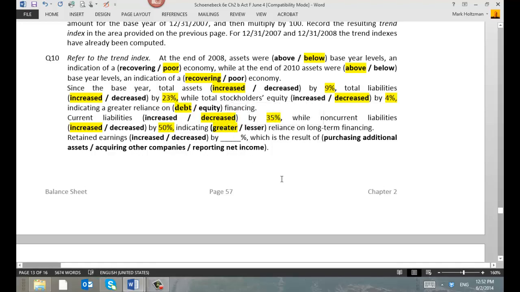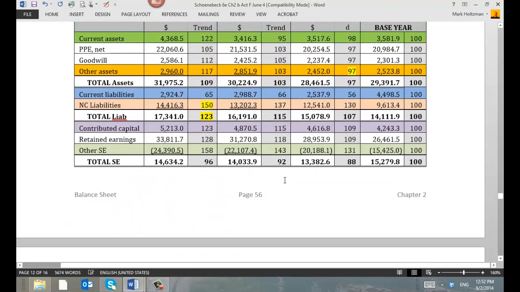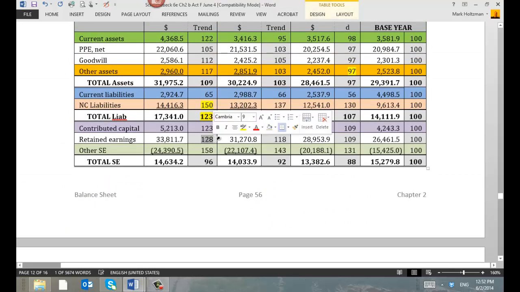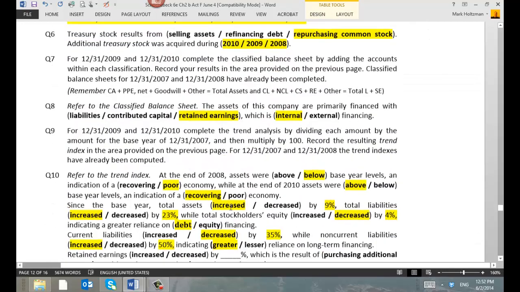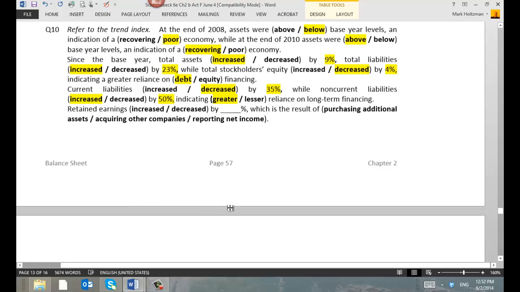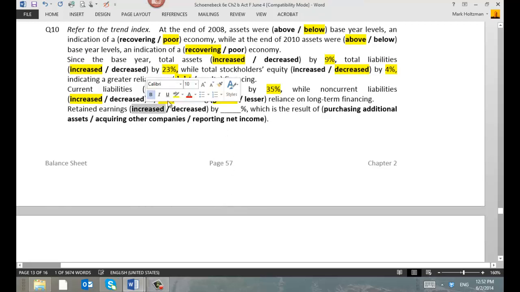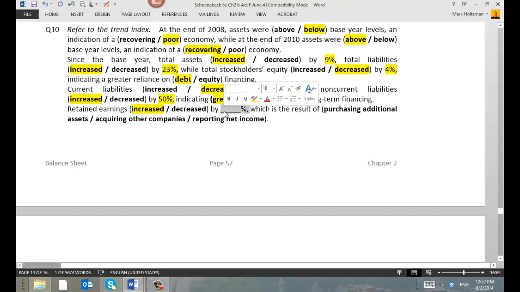And how about retained earnings? Profits kept inside the company is way up. It's 128 is your index. So retained earnings increased by 28%.